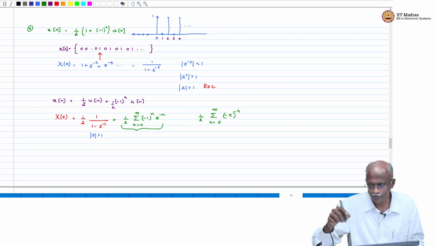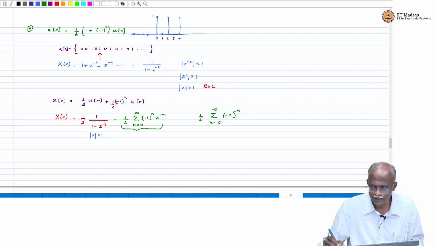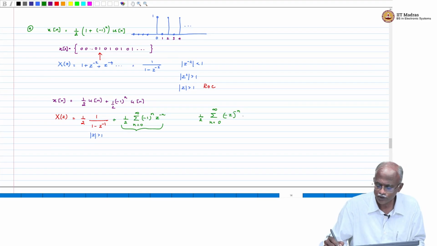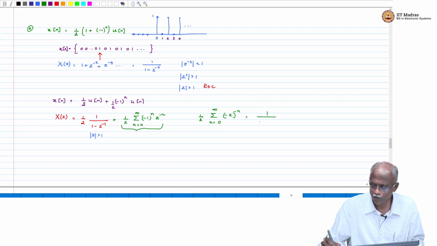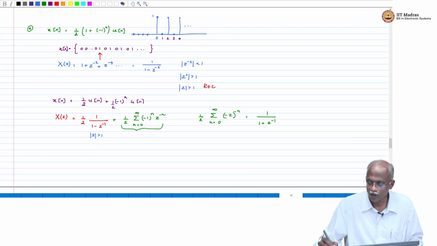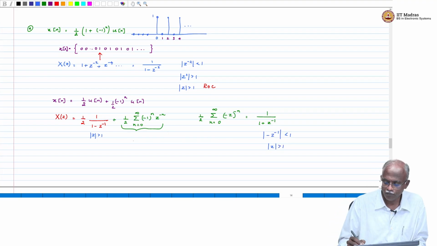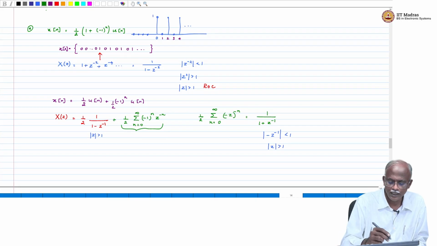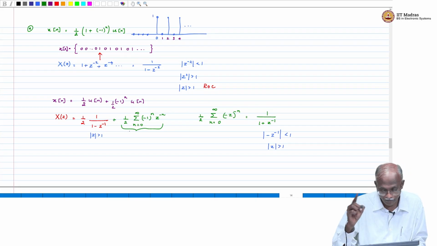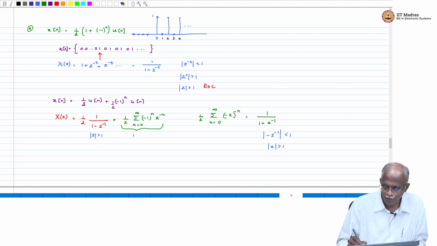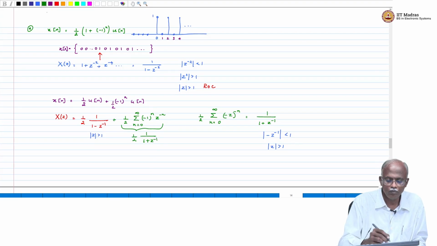This is a geometric series with a common ratio minus z inverse. Okay, so this can be written as 1 over 1 plus z inverse, where the common ratio minus z inverse must be less than 1, or if I put the condition, this will be mod z greater than 1. It turns out that for both of these terms, the common region of convergence is the same. Okay, this comes out to be 1/2 times 1 over 1 plus z inverse with mod z greater than 1.